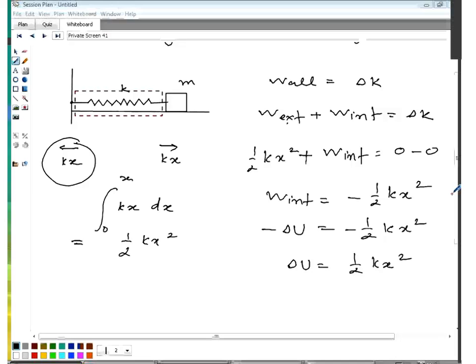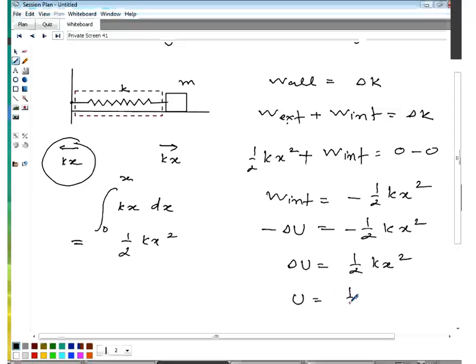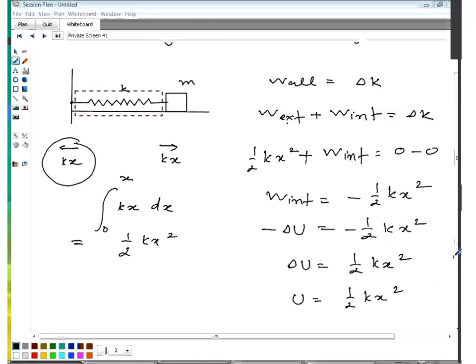And if that's what we do, then delta U can be written as just U, half kx square. If you have any questions in this, let me know. No questions, I suppose.